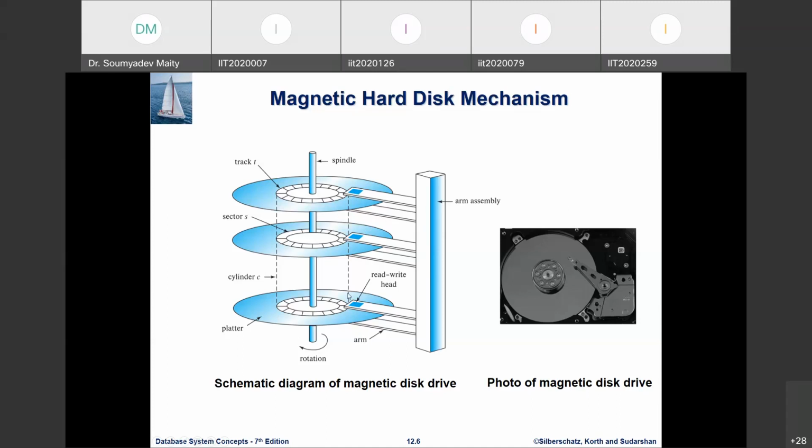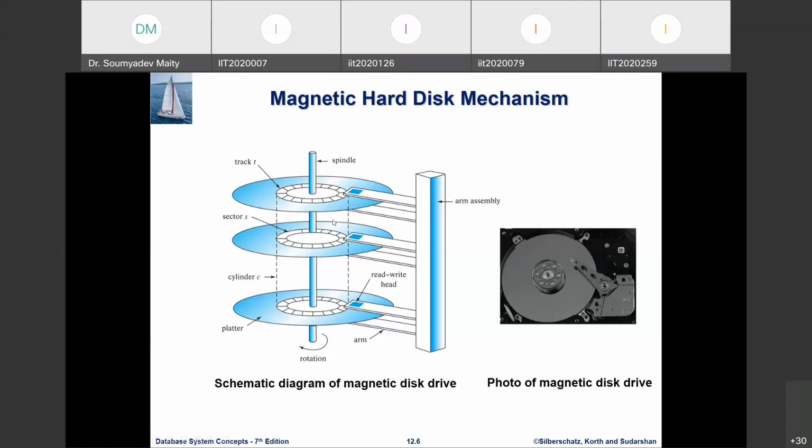So in order to read a specific sector, what is needed? Two things are needed. One thing is that the platter should rotate. The other is that the arm should be moved. The arm can move in this direction, that is horizontally. It can move from the innermost track to the outermost track, whereas the platters rotate circularly.